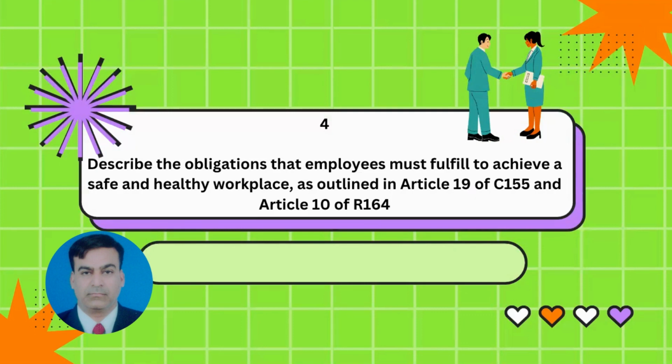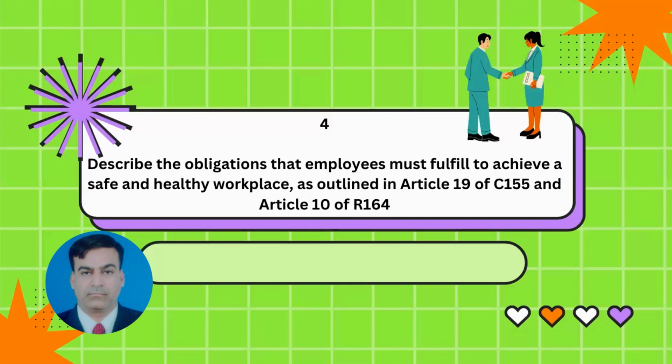Reporting hazards and accidents. Workers have a responsibility to report any hazardous situations or conditions that they come across in the workplace. This includes reporting any work-related accidents or incidents that may have occurred. Taking care of their own safety and the safety of others. Workers should take reasonable care to ensure their own safety and the safety of their colleagues. This includes following safety guidelines, using protective equipment, and being mindful of the potential risks.